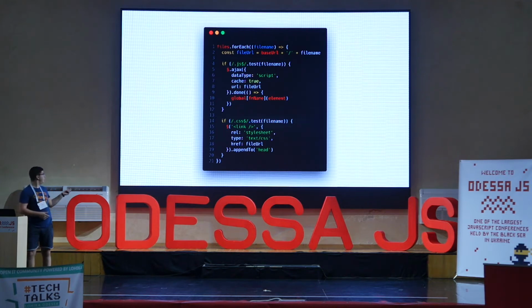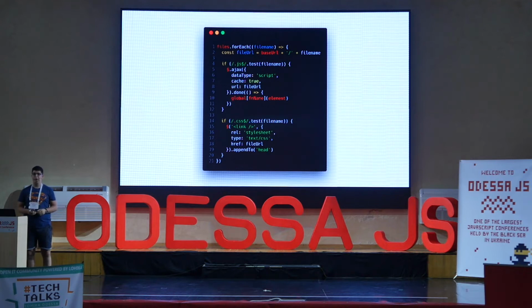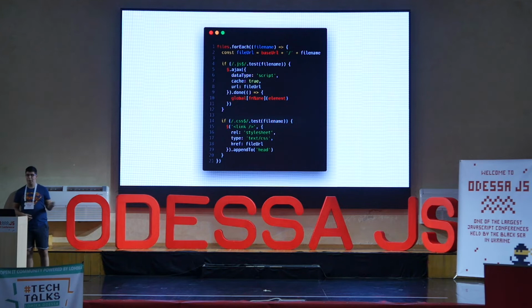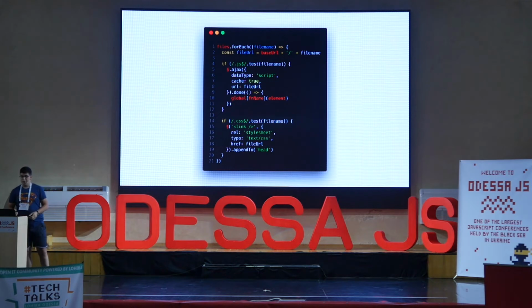With this done on line 10, that's how we mount our app. The global fname will be the function that's being exported by the child app, and then we call the global with the element, and that way you're rendering the JavaScript code that you fetched into the DOM. So remember this: global fname element.